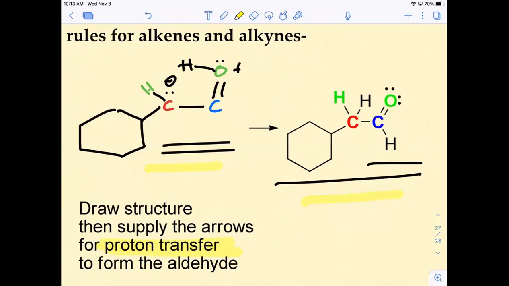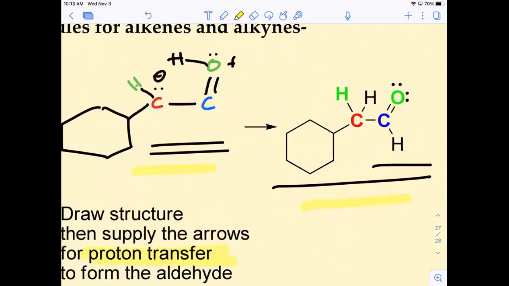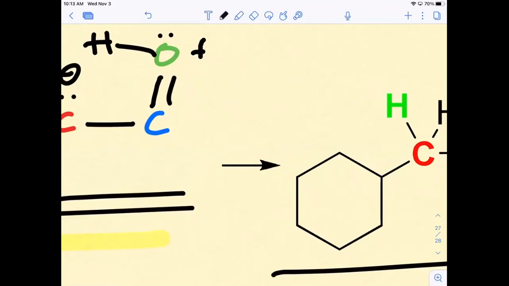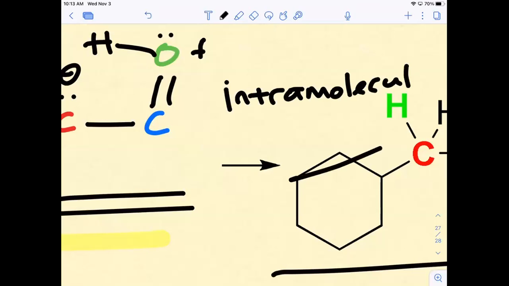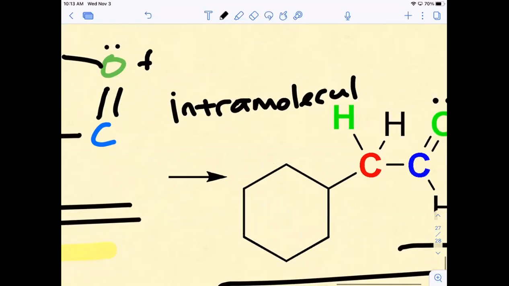Looks like the hydrogen that's attached to the oxygen transferred to the carbon, the red carbon. Yes. So this is actually what we call an intramolecular proton transfer, and I'll explain that.